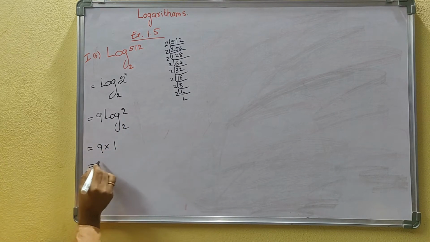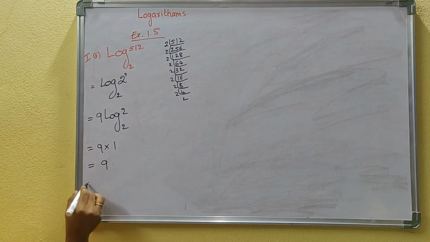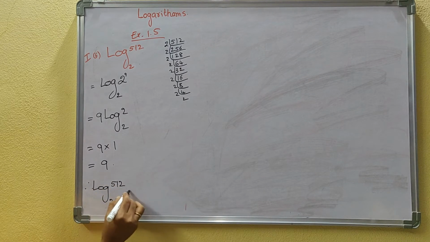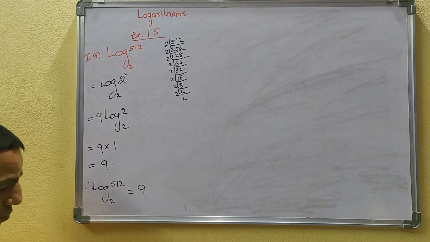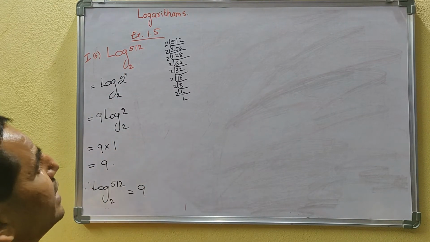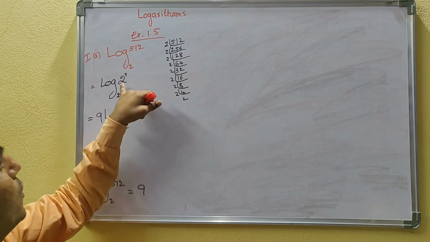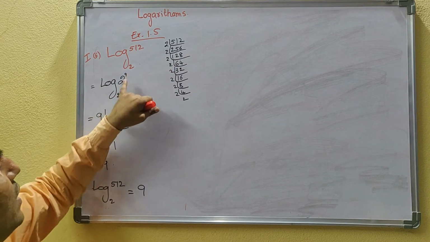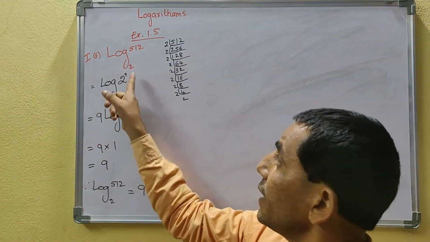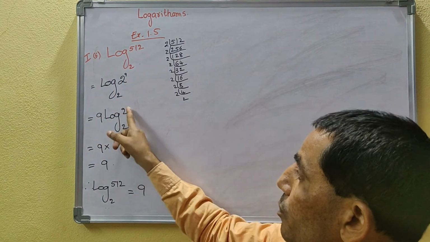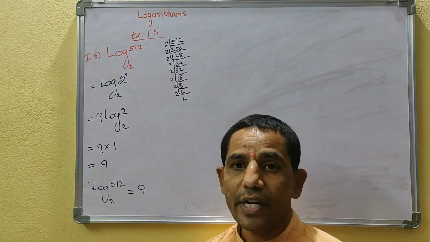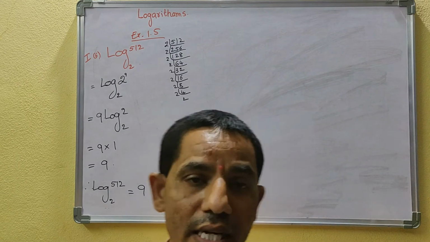Log 2 base 2 has value 1, so 9 into 1 is equal to 9. So log 512 base 2 is equal to 9.